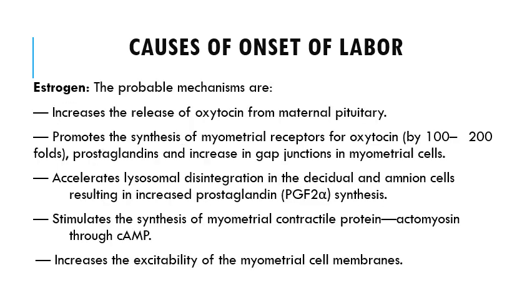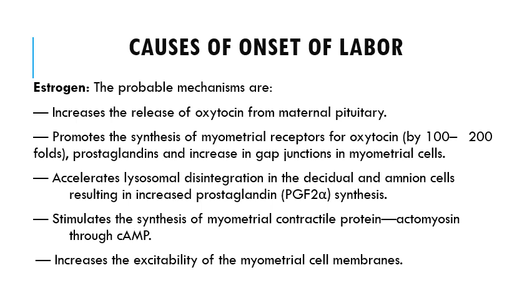Role of estrogen. It has several mechanisms of action, such as it increases the release of oxytocin from the maternal pituitary. It promotes the synthesis of myometrial receptors for oxytocin by 100 to 200 folds. Also, there is increase in prostaglandin synthesis and increase in gap junctions in the myometrial cells.